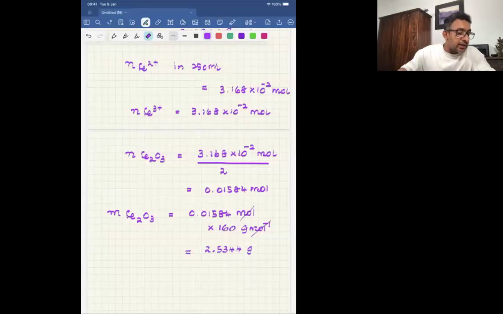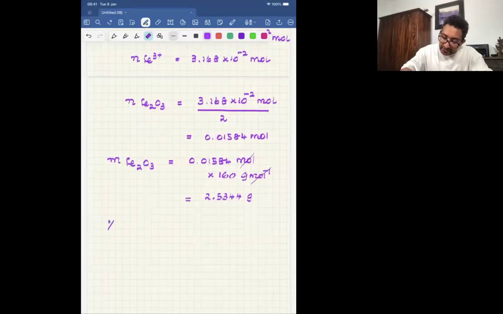So what do they say? They ask you to calculate the percentage. What is the percentage mass? 2.5344 grams divided by the mass of the hematite sample, which is 2.83 grams, multiplied by 100%.